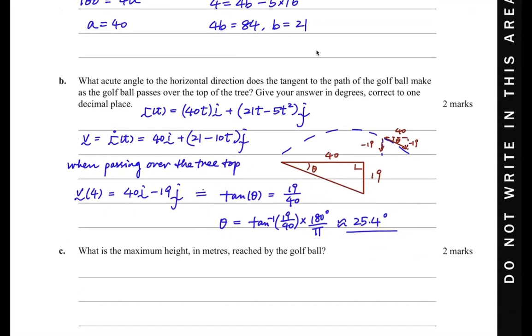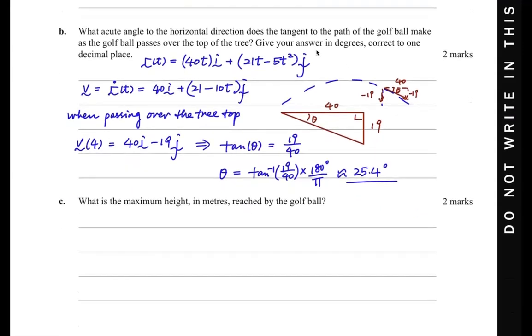What is the maximum height in meters reached by the golf ball? So we have various ways to tackle that part. But here, your height is only related to the j component, which is the y component, 21t minus 5t squared.